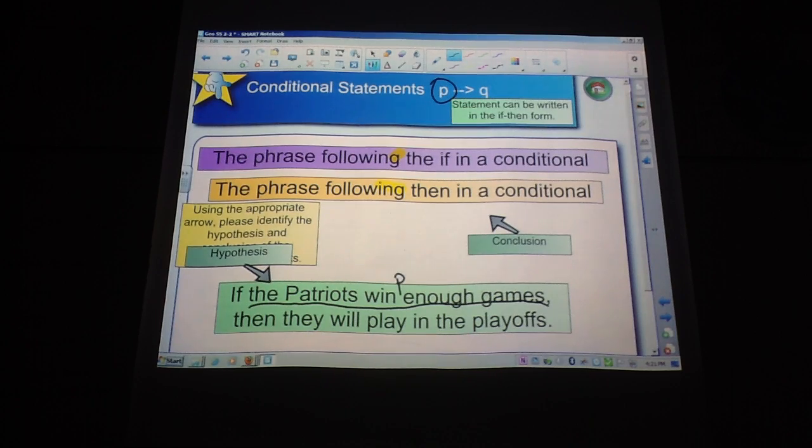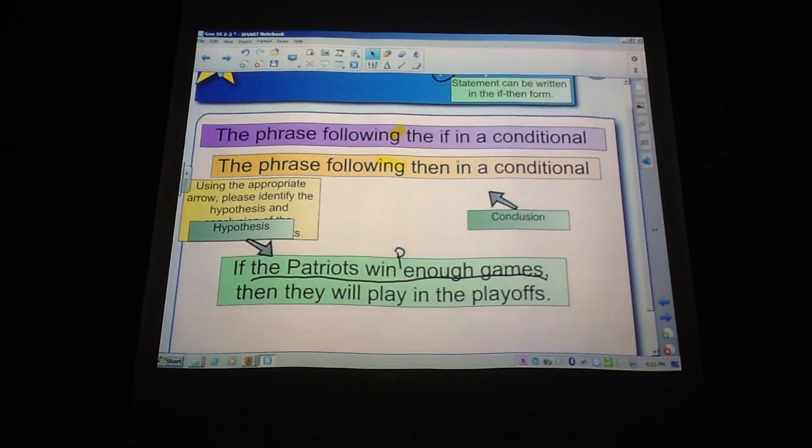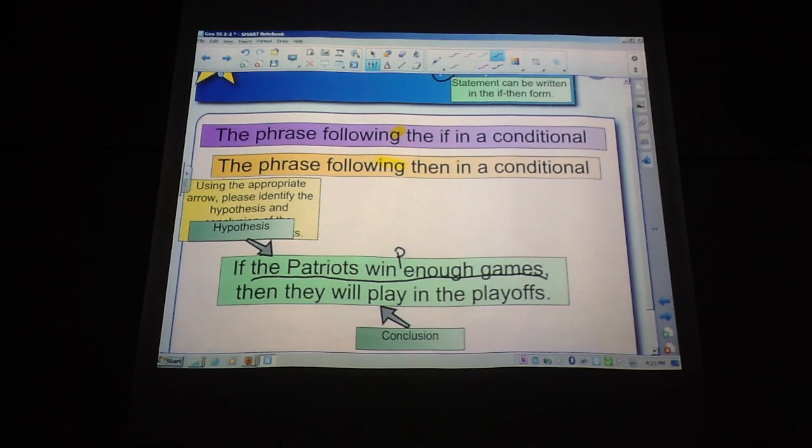So P would imply, and then the Q would be our conclusion. And again, the conclusion is the part that follows the word then. So I'm going to drag this down here real quick. I'm going to go ahead and underline it so it starts with they will play in the playoffs. And this would be our Q. So P would imply Q.